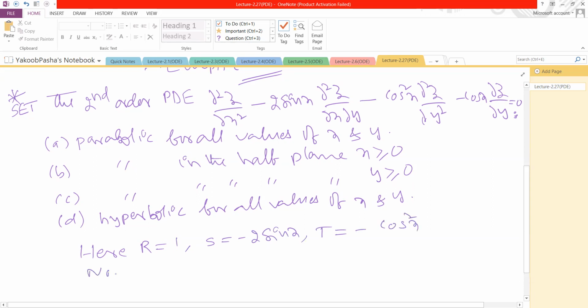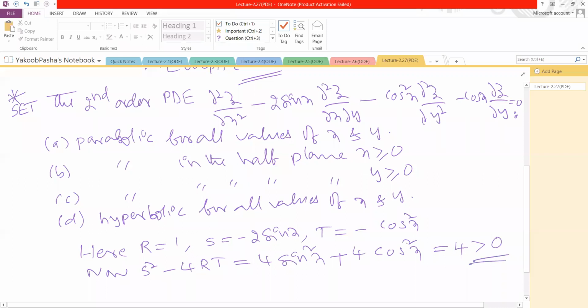Now consider S square minus 4RT value. That is minus 2 sin x whole square is 4 sin square x, minus 4 R is 1, T is minus cos square x, that is minus minus plus. So we can take 4 common, cos square x plus sin square x becomes 1. 1 into 4 is 4. 4 is always greater than 0.